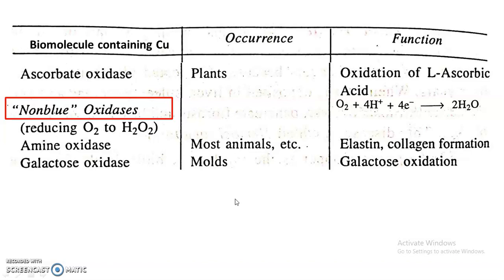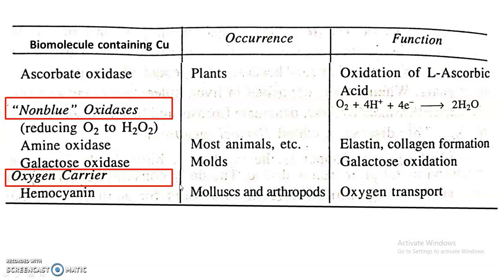Several amine oxidases are also copper proteins converting oxygen to hydrogen peroxide. So this is about galactose oxidase, a non-blue oxidase.